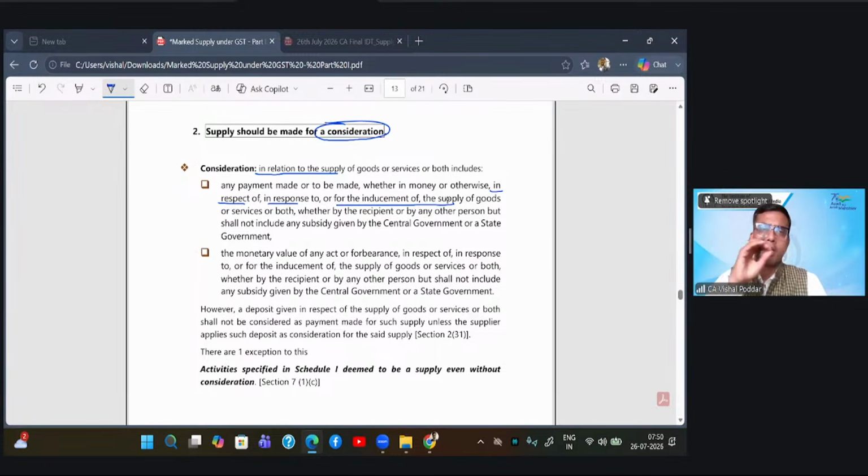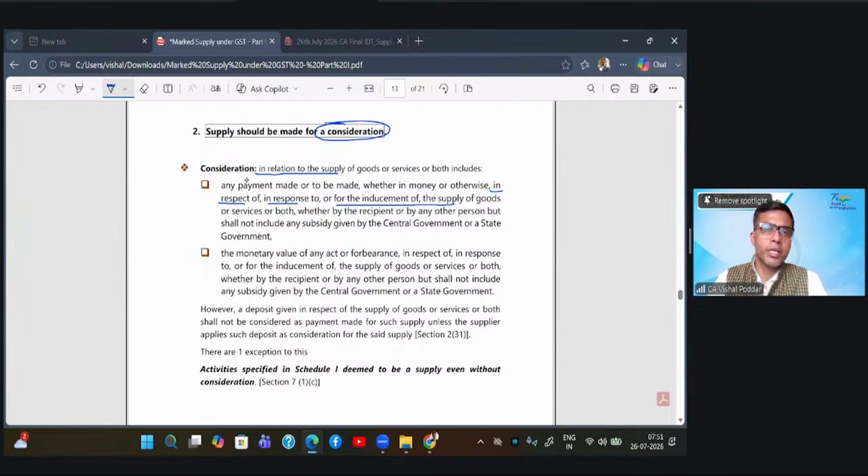So in short, if I have to put it simply, against the supply, what is given back to you is what is consideration. So in short, that particular receipt by you should be directly linked with the supply made by you. So against your supply made, whatever you have received will be consideration.